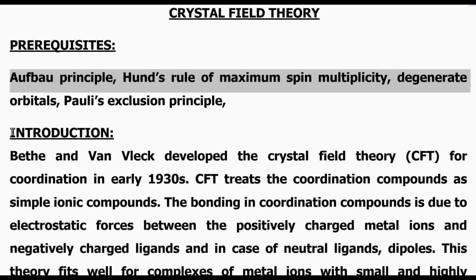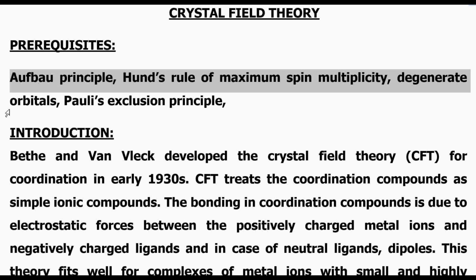You will not put 2 electrons in one orbital and 1 electron in another orbital. It applies to the degenerate orbitals. Now, what are degenerate orbitals? Degenerate orbitals are orbitals having the same or equal energy.